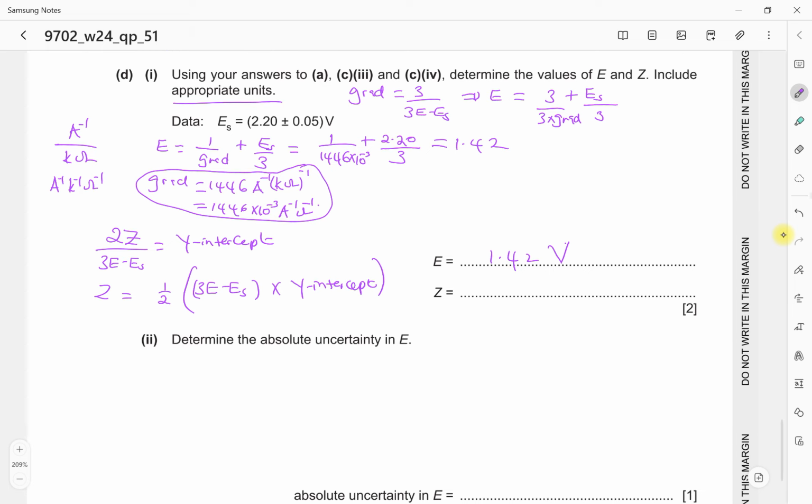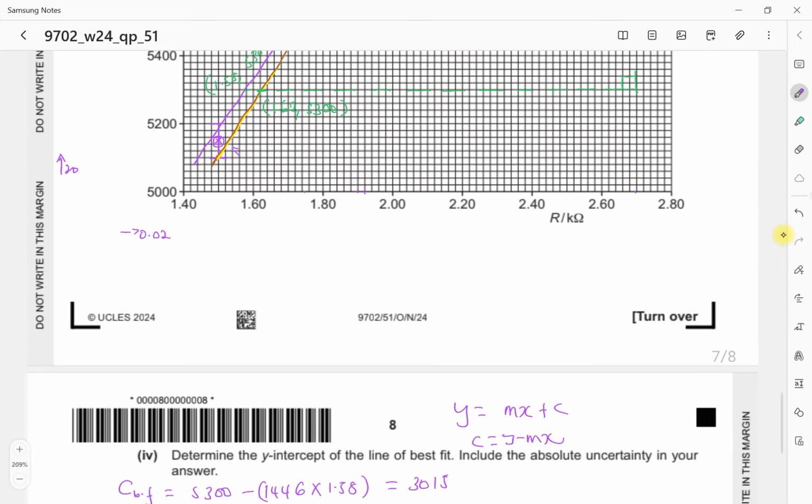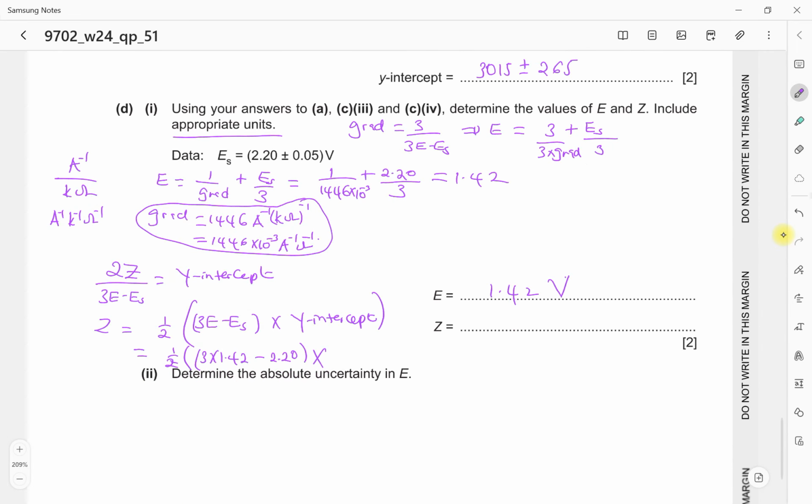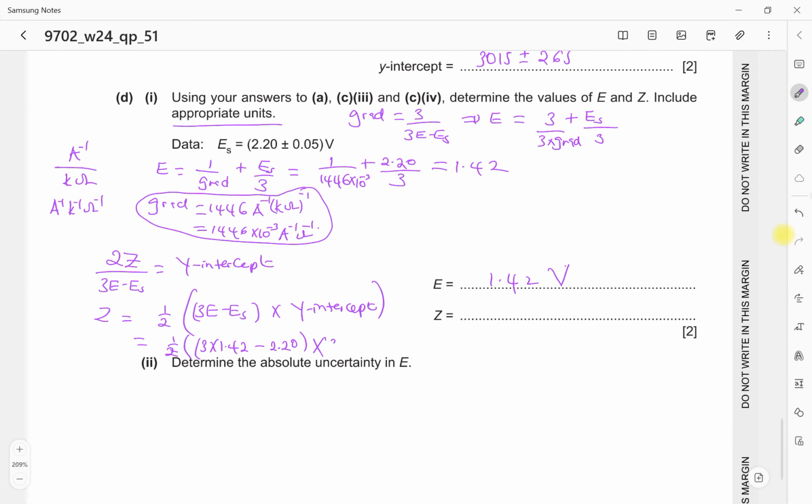So I'll make a substitution. This is a half into 3 times 1.42 minus ES, which is 2.20, and the y-intercept, I think it was 1570. No, the y-intercept is 3015. Okay.